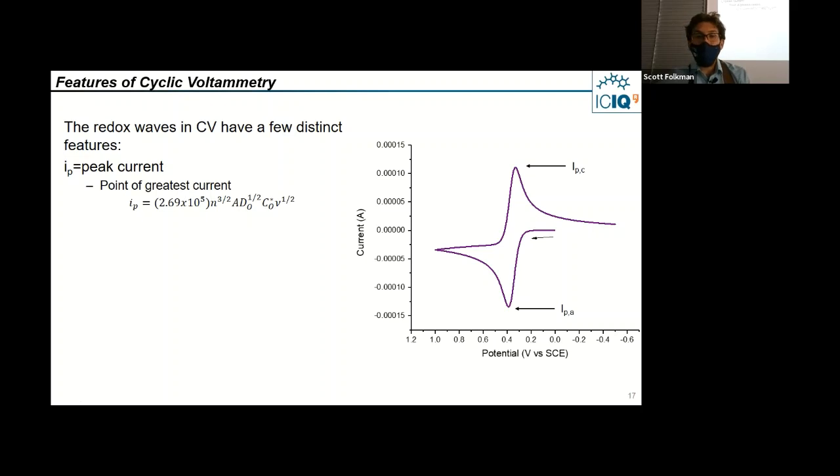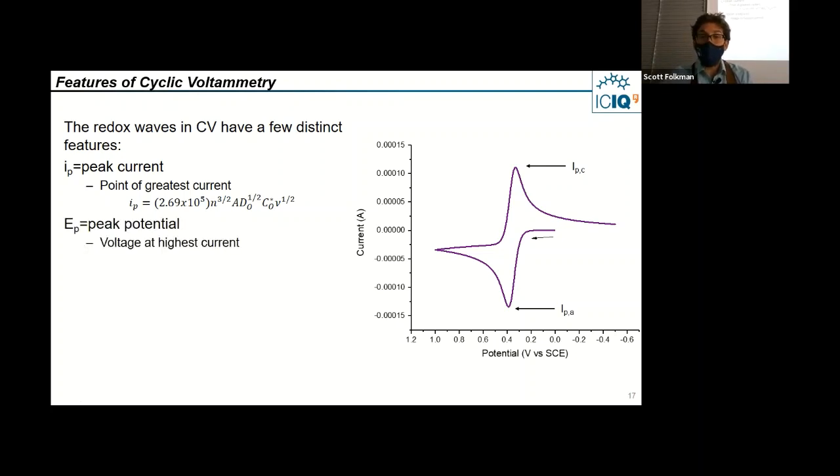So something to consider if you're having very small peaks that you can't resolve. And one very, very important feature is that the peak current increases with the square root of the scan rate. So you can increase the scan rate, but it only increases to the square root for Faradaic current.